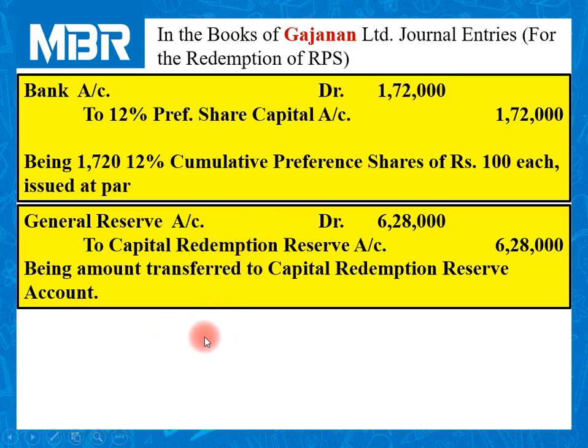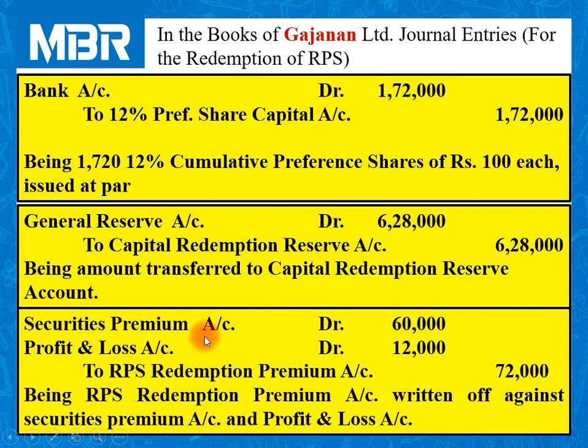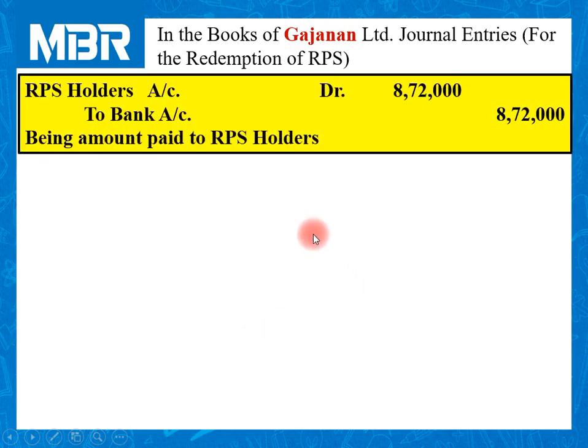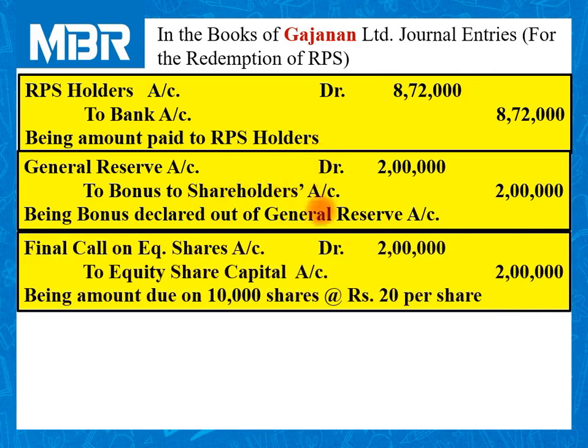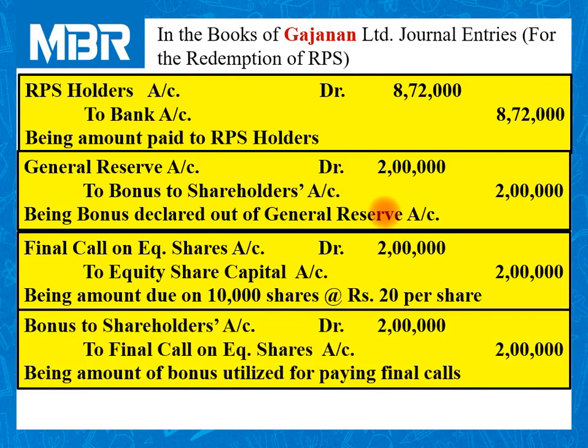to CRR. Amount of RPS redemption premium written off against the securities premium account and profit and loss account. Amount paid to RPS holders. Amount transferred to bonus to shareholders account from general reserve in order to convert partly paid shares into fully paid. Made a final call on equity share capital, and this call is adjusted against bonus to shareholders.